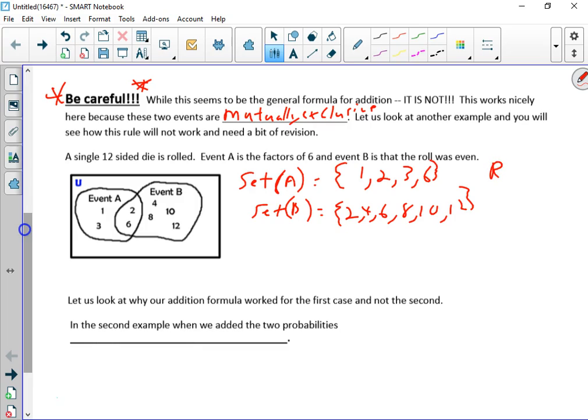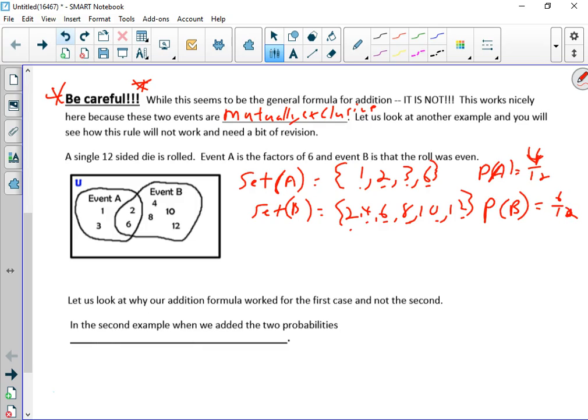Well, the probability of A is 1, 2, 3, 4 out of 12. And the probability of B is 1, 2, 3, 4, 5, 6 out of 12.